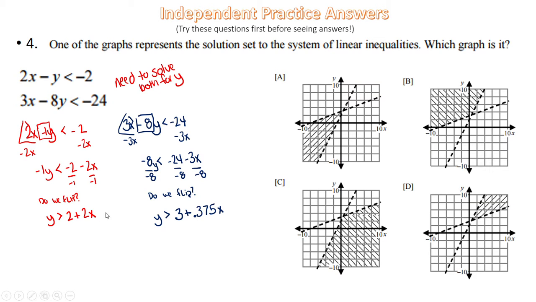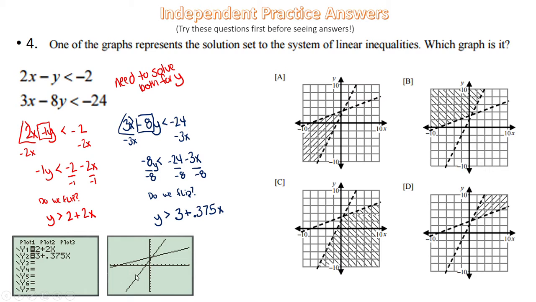After you finish solving them both, you put them in y equals. And then notice that both of these are greater than symbols now. So this one would be shaded above, and this one would be shaded above. And if you can't visualize that, then you need to go to your y equals key and then change your arrows to both mean up.